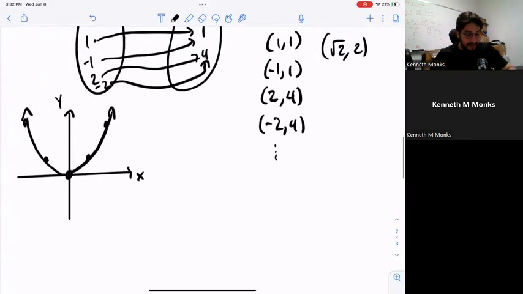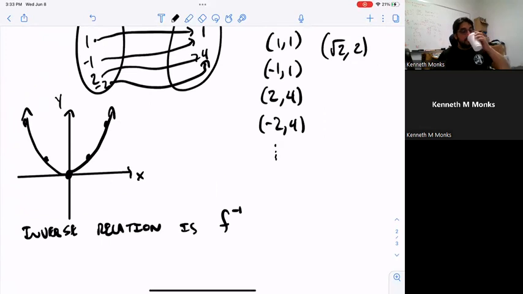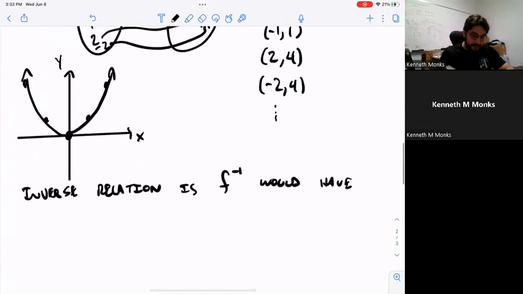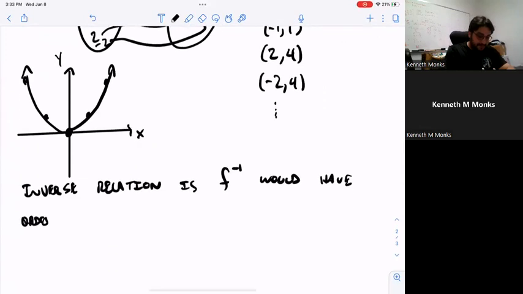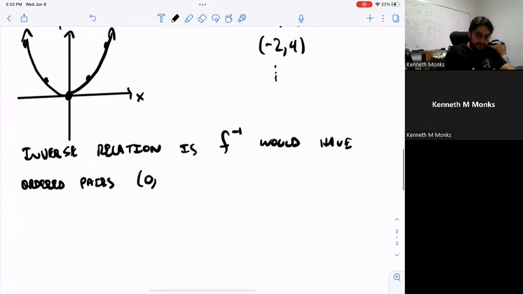Now let's think about the inverse relation for this. The inverse relation, which we'll call F inverse, would have all the same ordered pairs, but in the opposite order. So it'd have ordered pairs like 0, 0.